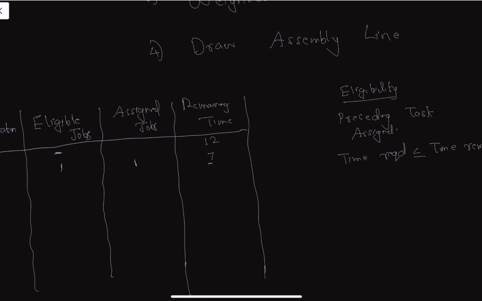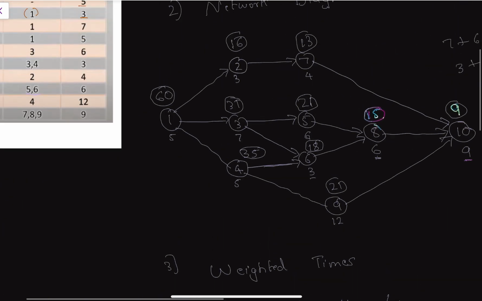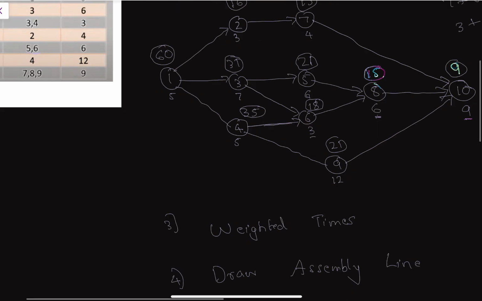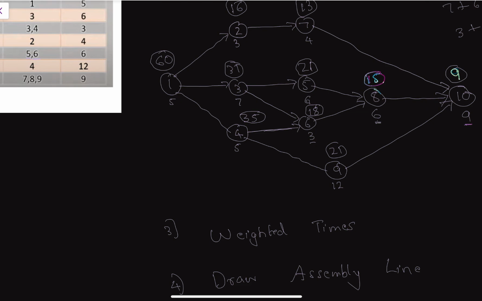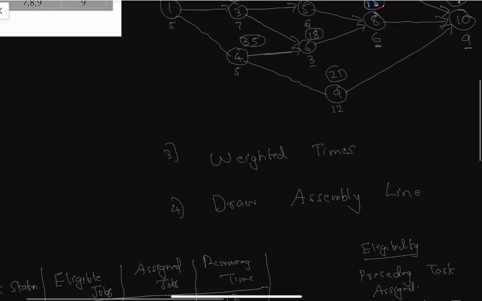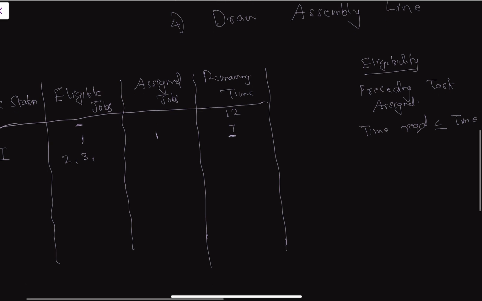So 2 is eligible. What about 3? The preceding task 1 is completed and the duration for job 3 is 7 minutes. So 7 is less than or equal to 7. So 3 is also eligible. What about 4? The preceding task 1 is completed and it will take a time of 5, which is less than or equal to the remaining time 7. So 4 is also eligible.